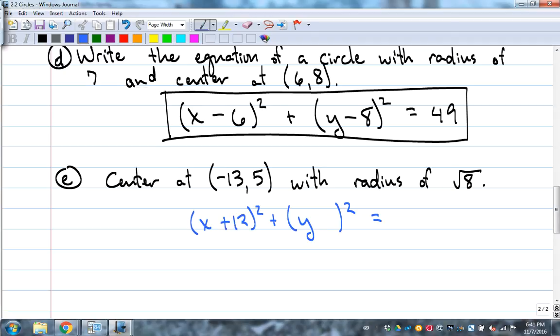Yeah, plus 13. In there with the y would be minus 5. What's it equal to? Square root of 8 and square it. It would just be 8. Because it turns into the square root of 64, which is 8. Yeah, it's just 8.